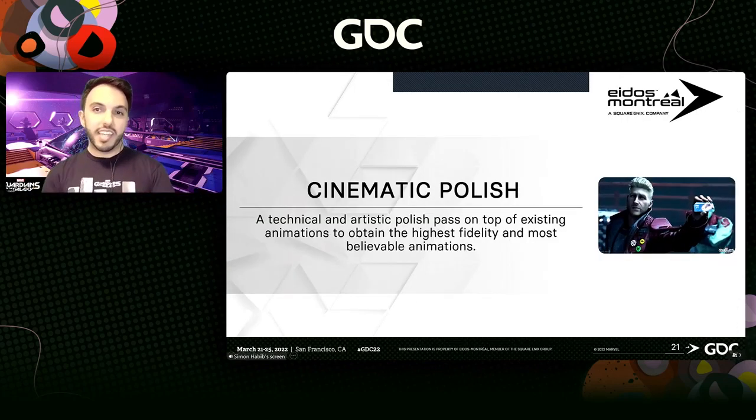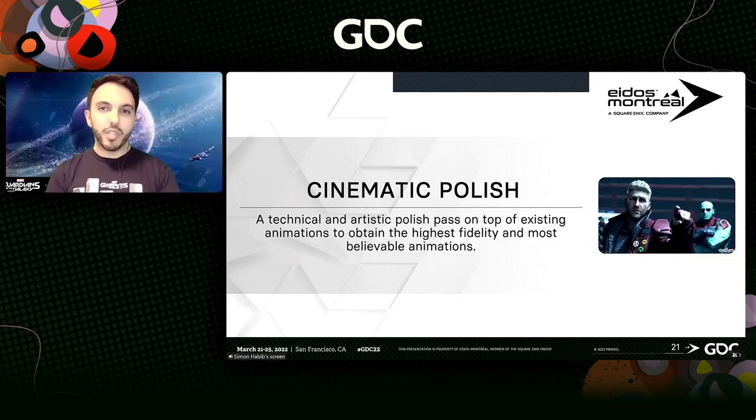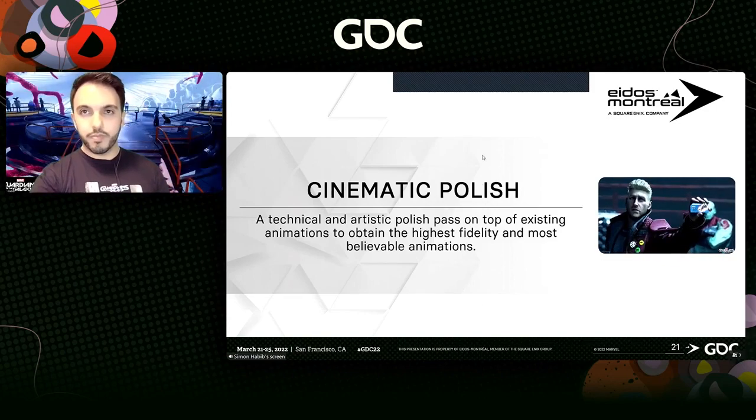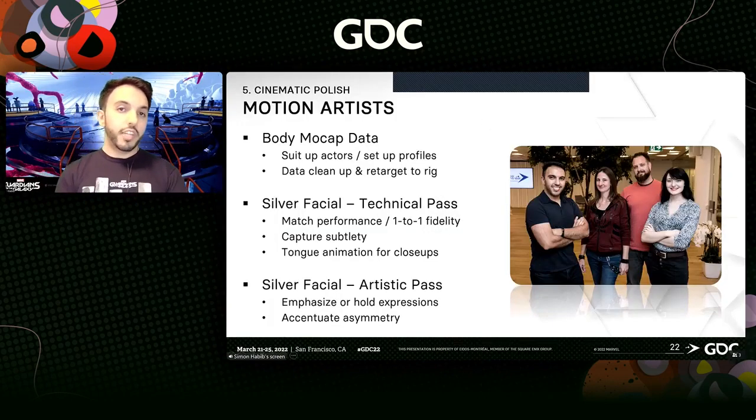After batching all this data and generating our bronze animations, we can move on to the cinematic polish. This is a technical and artistic polish pass on top of existing animations to obtain the highest fidelity and most believable animations. Over here we have the team of motion artists. In our team of 4, we were part of the cinematic department.